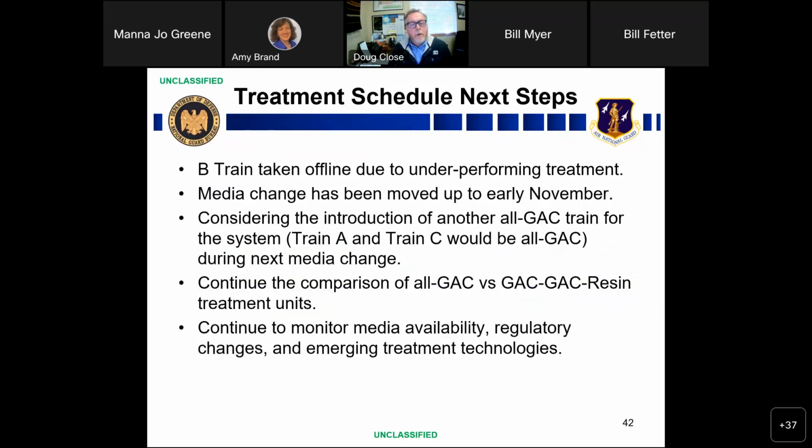So part of our corrective action after seeing some of those numbers and some more in the month of October, we recommended that we take the B train offline. We felt like we were very close to the numbers coming out of that third vessel that would influence the effluent waters going over the weir after treatment. So we didn't feel like our treatment was up to par in that B train.